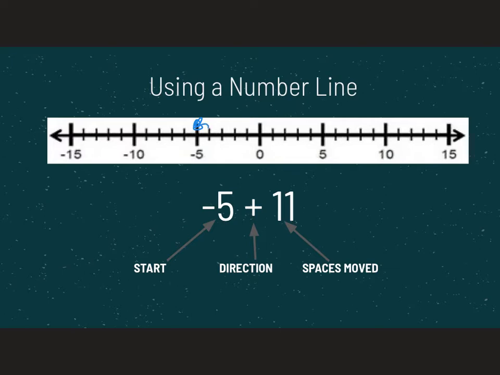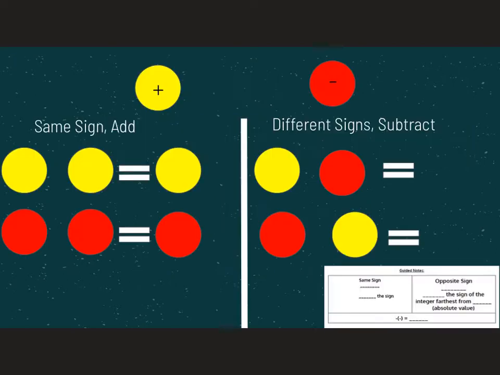So 1, 2, 3, 4, 5, 6, 7, 8, 9, 10, 11. And my answer would end up at +6. So once again, because I had a -5 and +11, I could have formed 5 zero pairs, and that would have left me with a +6.